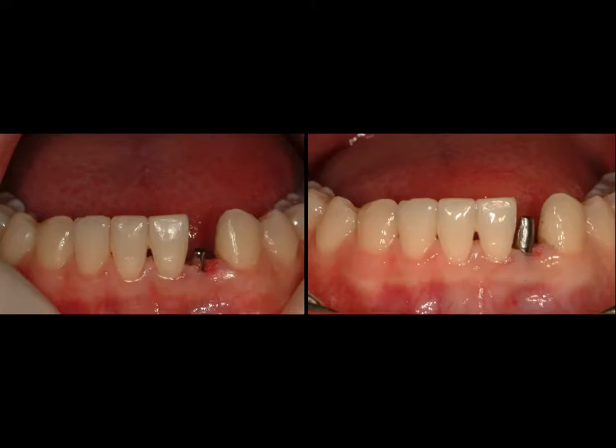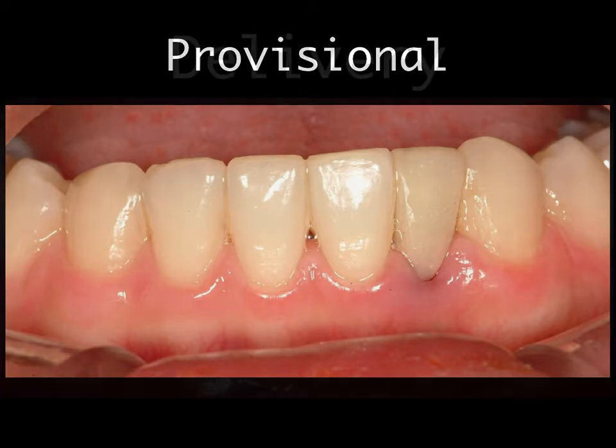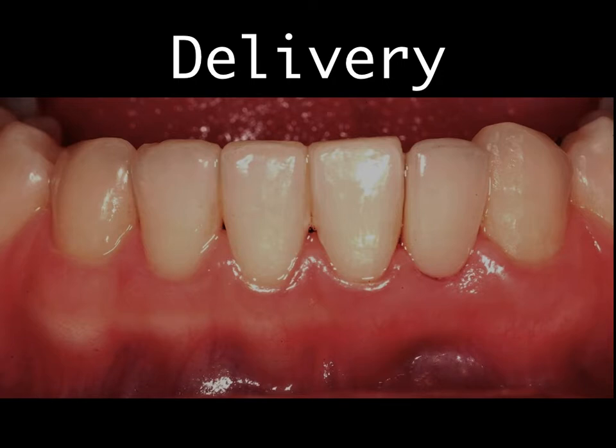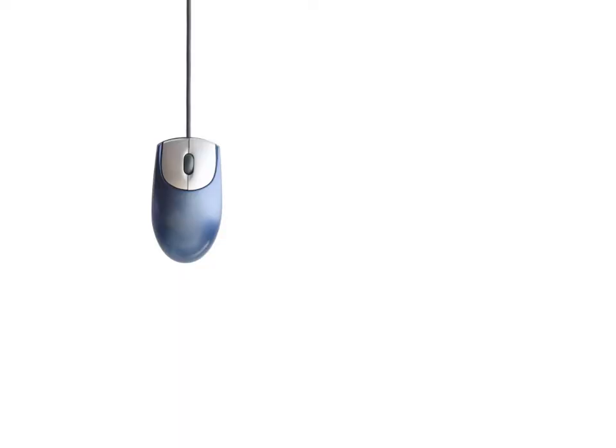Another case, another lateral incisor, was placed without raising a flap, and the abutment was placed, and at the same time, immediate provisional was provided. But 3 months after the implant placement, final restoration was completed. Again, this is about 1 year of follow-up in how the tissue looked.